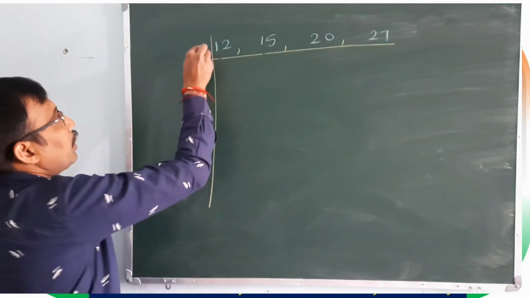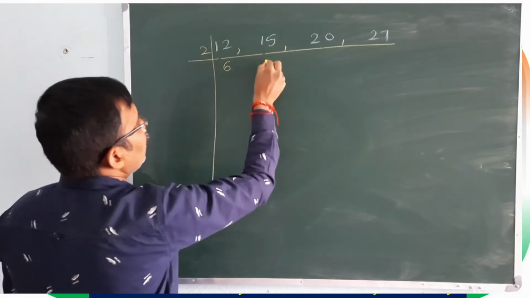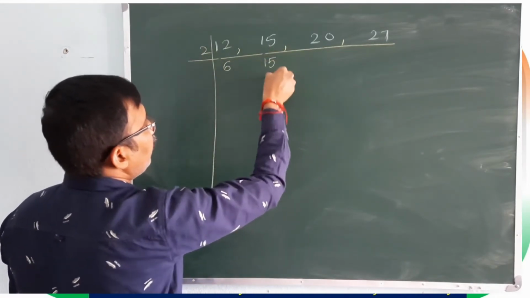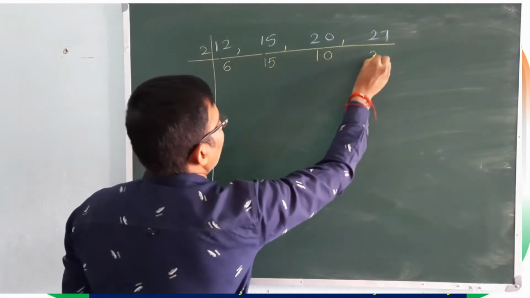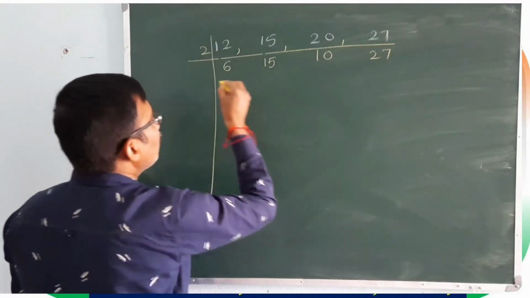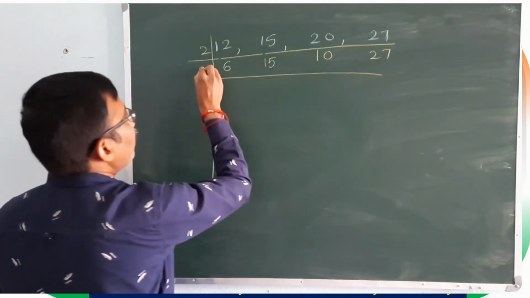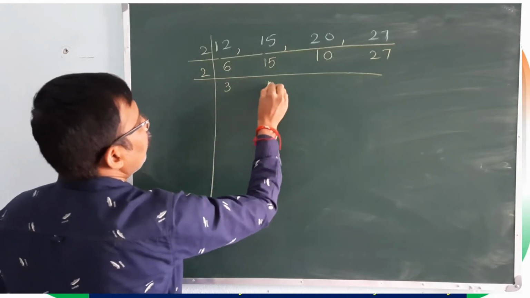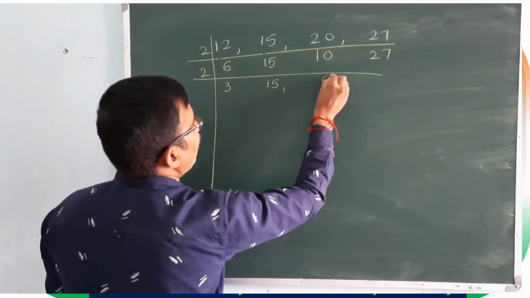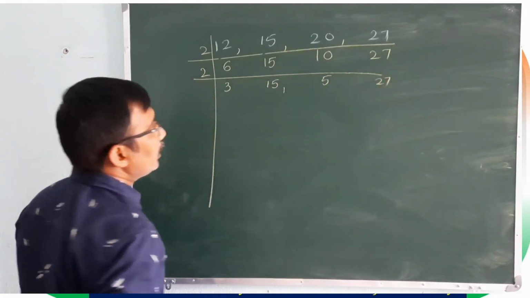So take 2. 15 is not divided by 2, so carry forward. 2 tens are 20. 27 is also not divided, write it down. Next, divide by 2: 3, 15, 2 fives, 27. Okay. Next.